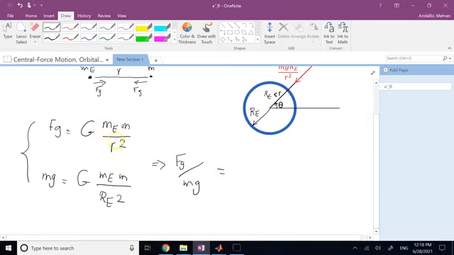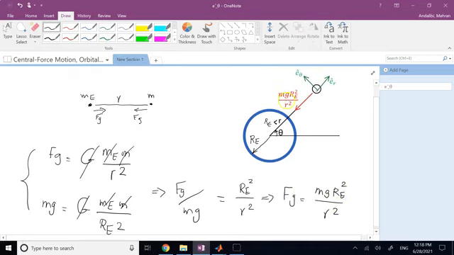If you simplify, the m, me, G, they will all go away, and so you will get re squared divided by r squared. And now if you just multiply by mg, you'll see that the gravity force is going to be mg re squared divided by r squared. And that is what you have over here, okay?